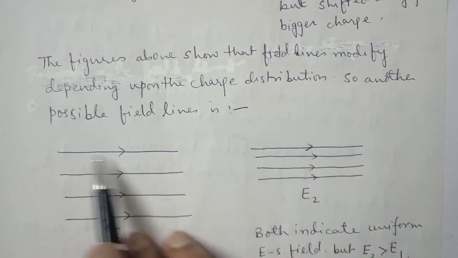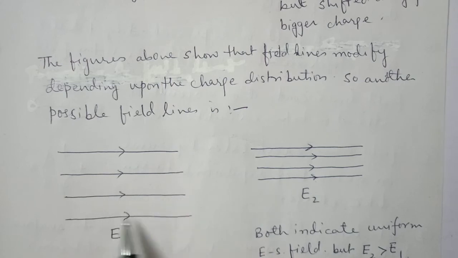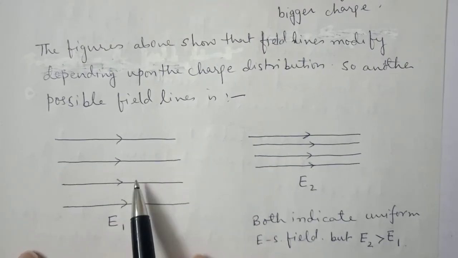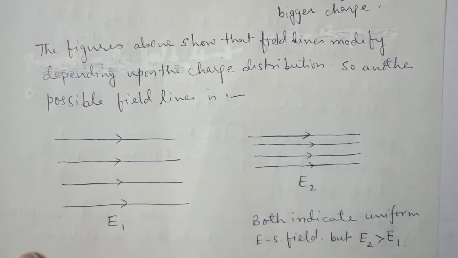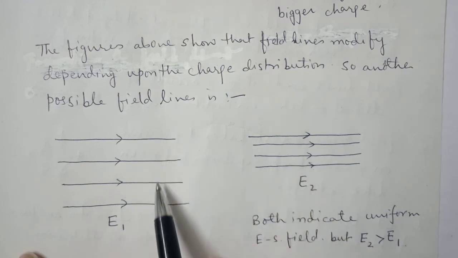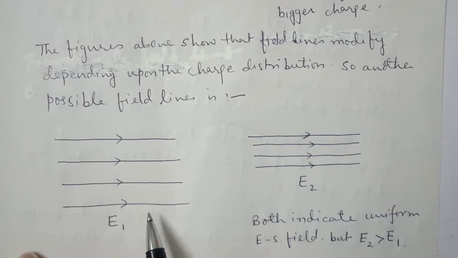When we show the field lines as parallel lines like this, it indicates a uniform field. That means this is also a uniform field, this is also a uniform field. Here the field lines are shown closer to each other, here the field lines are shown away from each other. This indicates that the field E2 is greater than field E1.